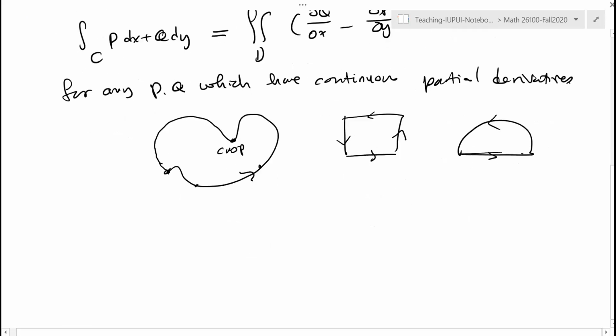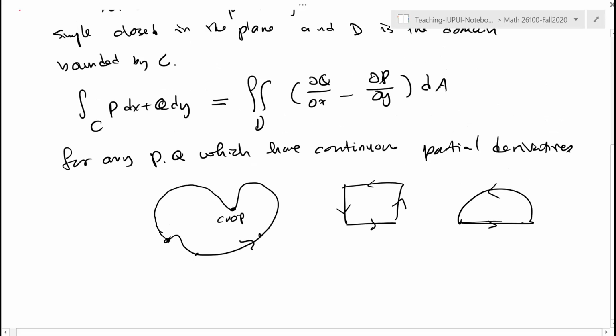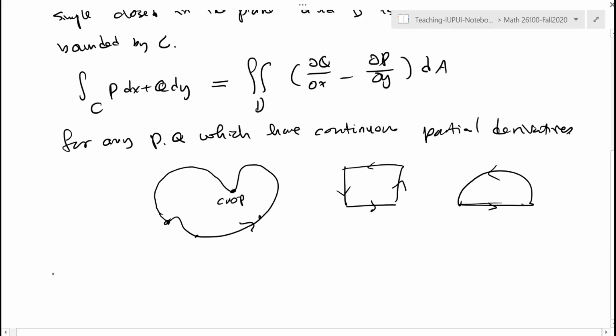There's a proof in the book. I'm not going to waste time giving a proof here. Now let's look at a special case, as a corollary.